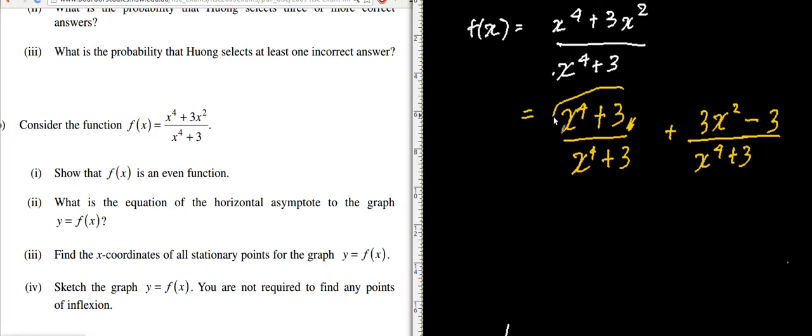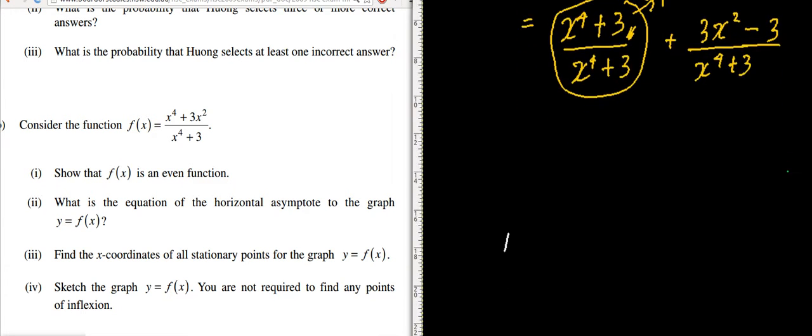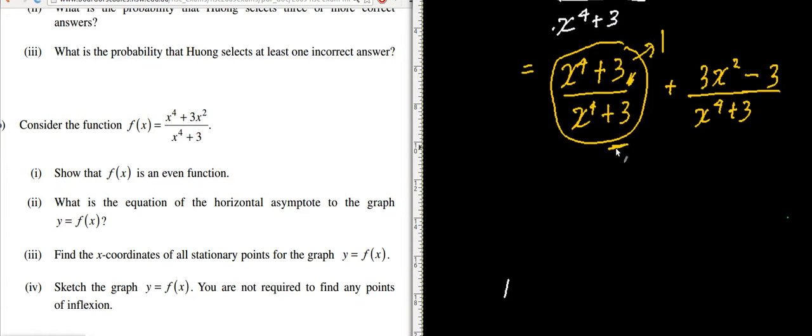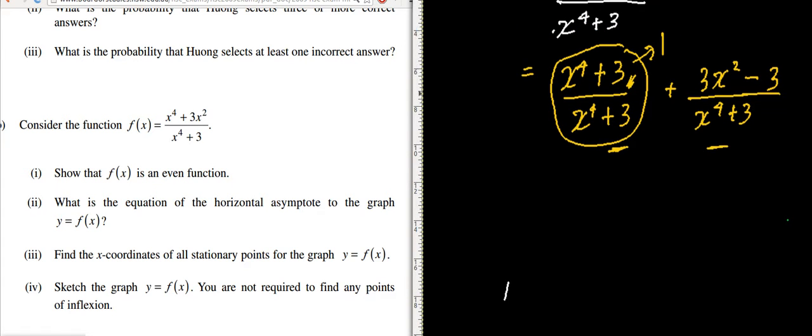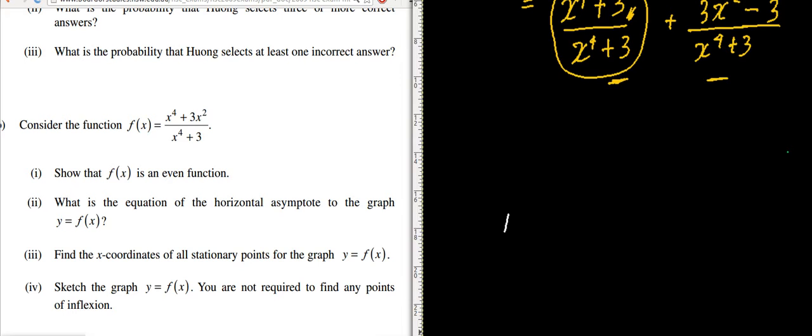And guess what? This part over here is 1, right? And because it's 1, when we differentiate it, it disappears, right? So that's a tiny little advantage that we have when we're doing this problem. So I'm differentiating this function. Okay, so I'm looking at this function as opposed to the original one.